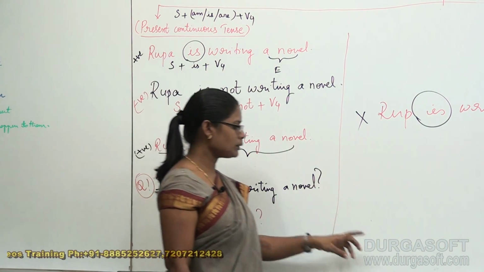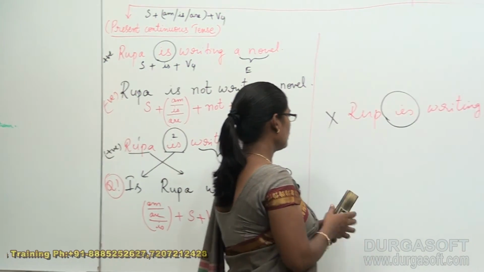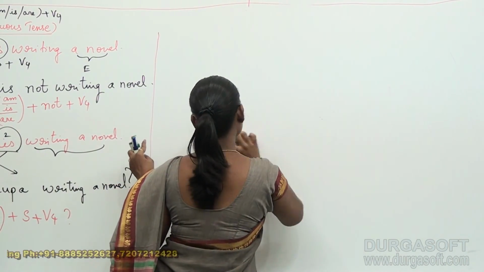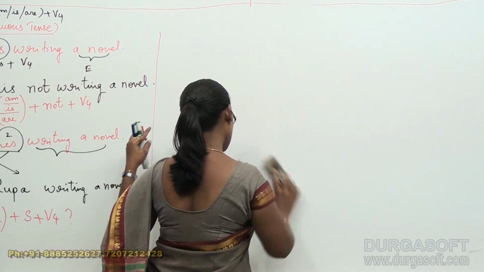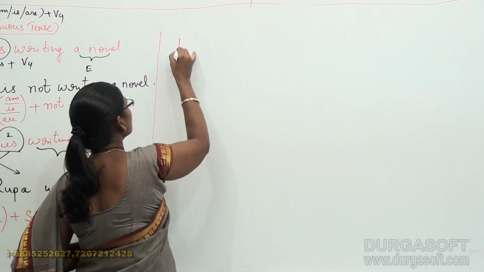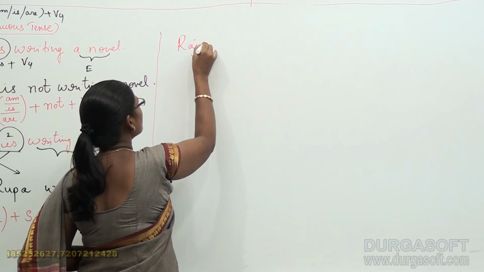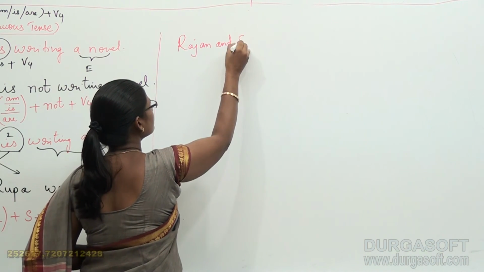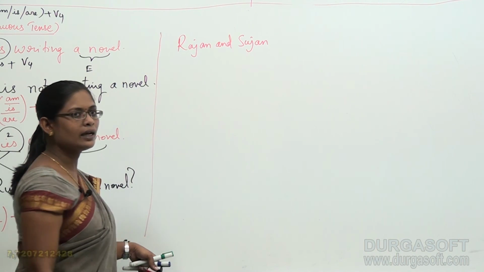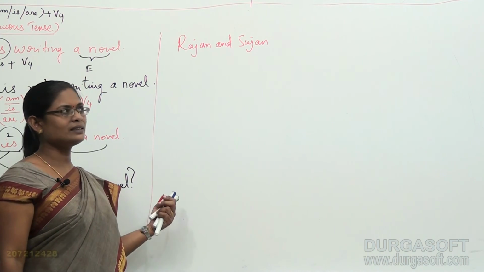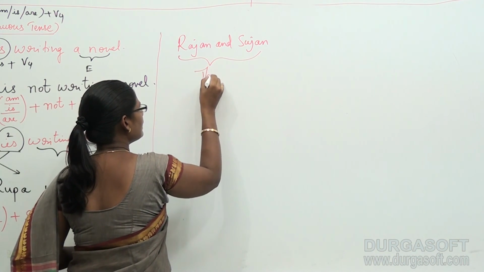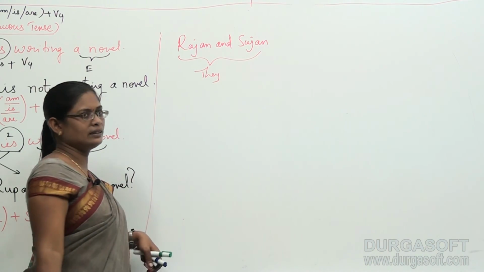Now let's deal with some examples with the plural subject. Can you give me some example with the plural subject? Can you just use the same verb and take a plural subject here? Very good. Rajan and Sujan. In our previous example, instead of Rajan and Sujan, we had taken the subject as they.